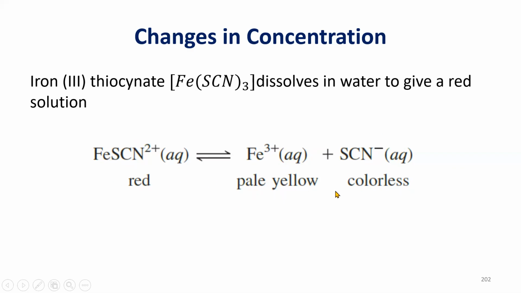So if either of the sides of this equilibrium is favored, you can observe it by the change of color. If you see a pale yellow solution, then it means that this forward reaction is favored. If you see a red solution, it means that the reverse reaction is favored, formation of this particular ion.